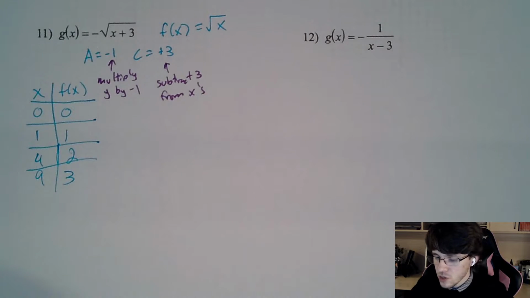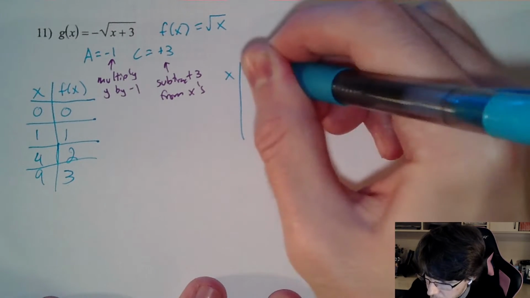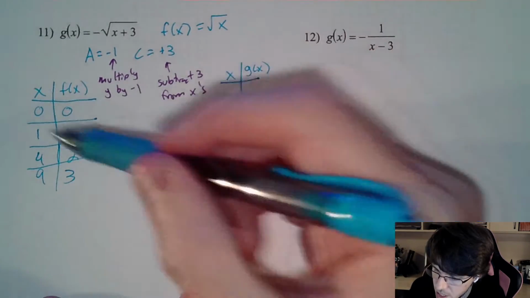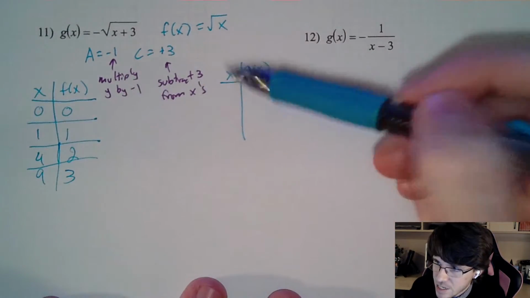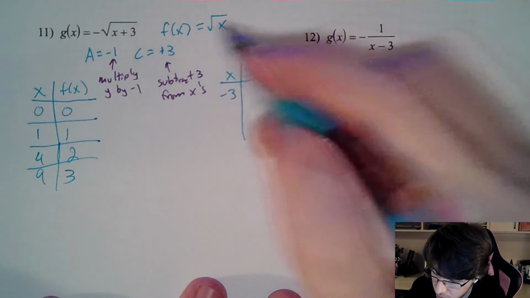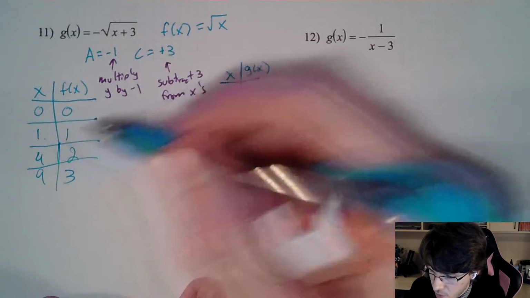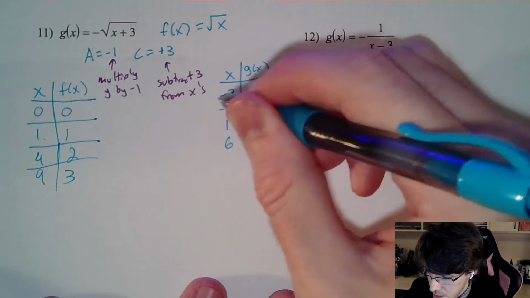And that's all you do to create your little table of values. So we're going to create our table of values. We have x, and we have g of x. We're taking all those values and we're going to subtract 3. So 0 minus 3 is -3. 1 minus 3 is -2. 4 minus 3 is +1. 9 minus 3 is 6.